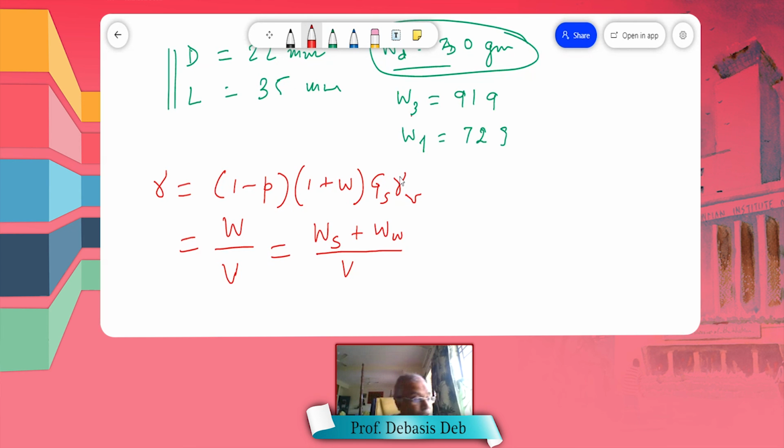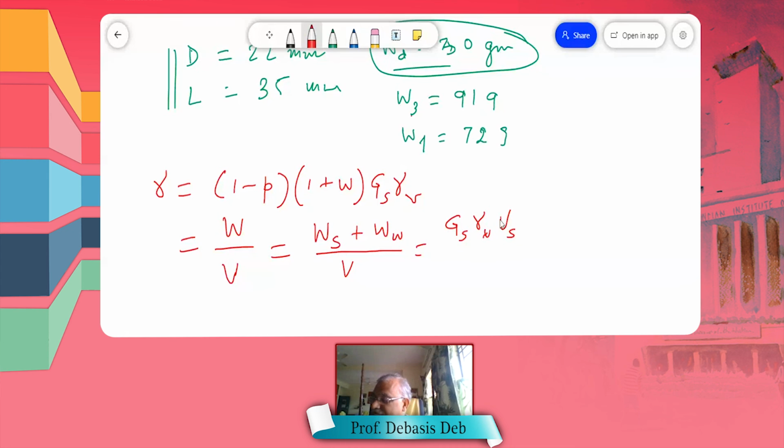Now for the solid weight, we have just shown that this can be written as GS gamma W into VS. VS into GS into gamma W, because GS is the specific gravity of the grain, let's say 2.6, multiplied by the density, which will give you gram per cc or kg per meter cube or kilonewton per meter cube.